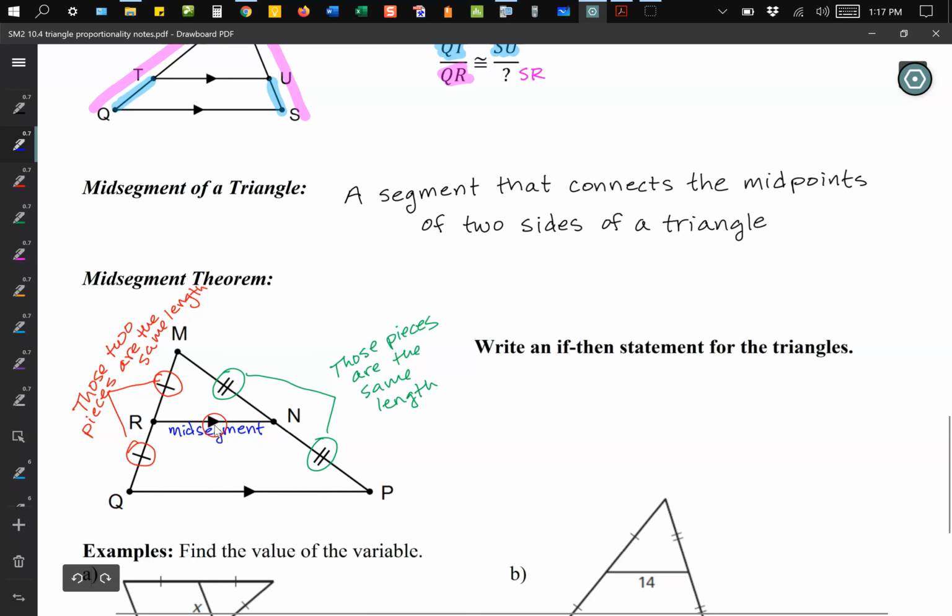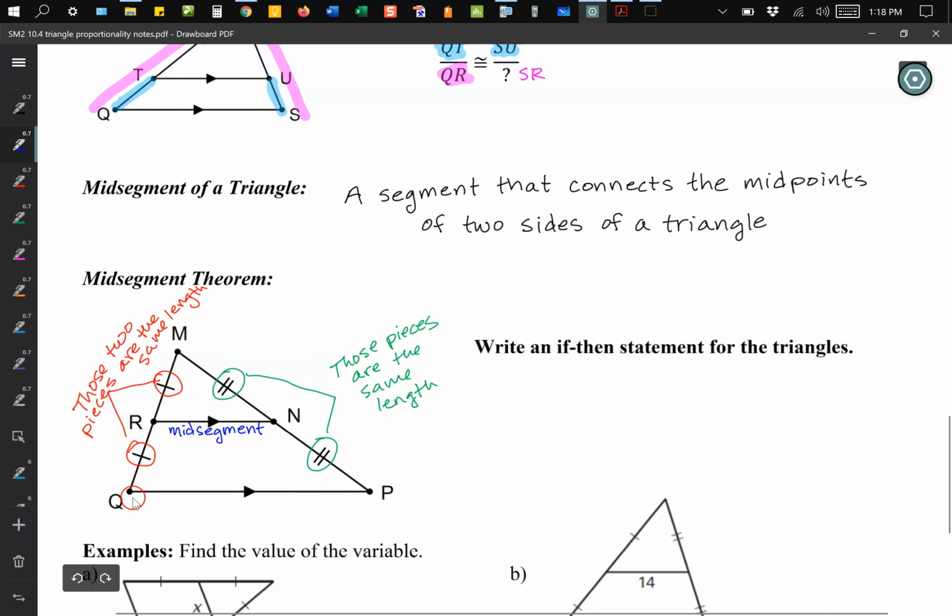So these little arrows right here mean that midsegment's always parallel to that third side. And the other really, really awesome thing about a midsegment is that a midsegment is always exactly half as long as the third side.